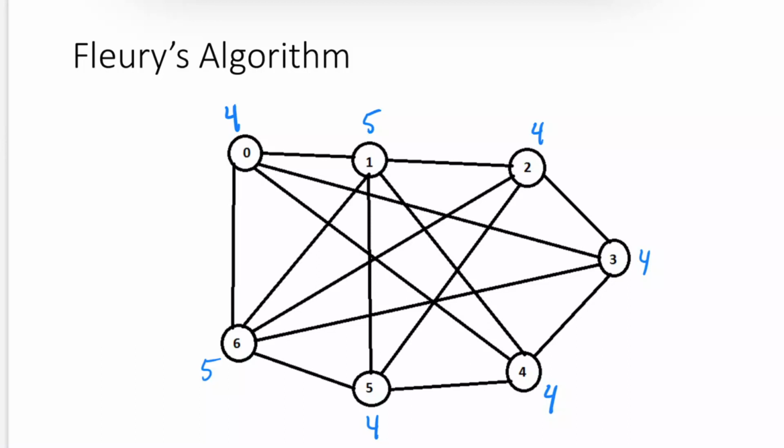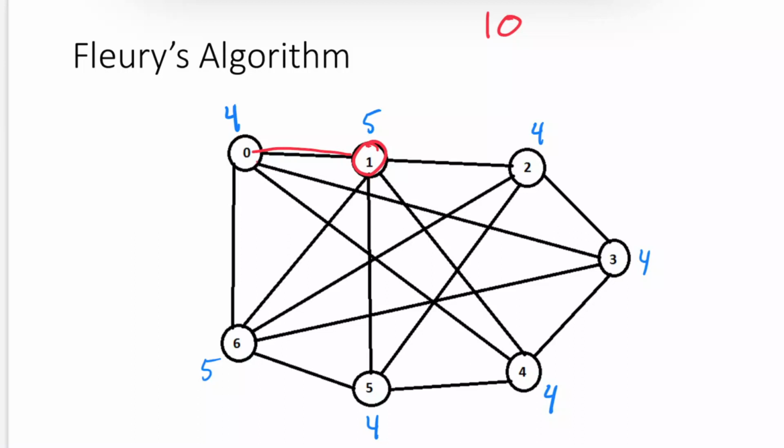So on Fleury's algorithm with this one, I either have to choose vertex 1 or vertex 6 as my starting point. So I'm just going to go ahead and choose vertex 1 as my starting point, and I'm going to choose any edge that will not disconnect the graph. So in this case, it doesn't matter which edge I choose, so I'm going to go back to vertex 0 as my next one.